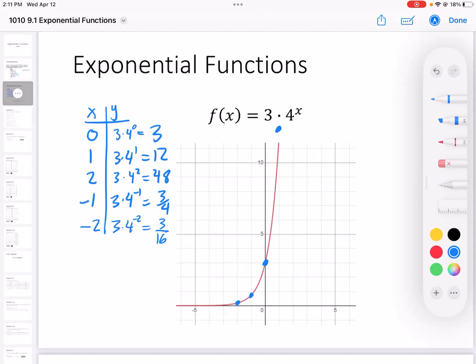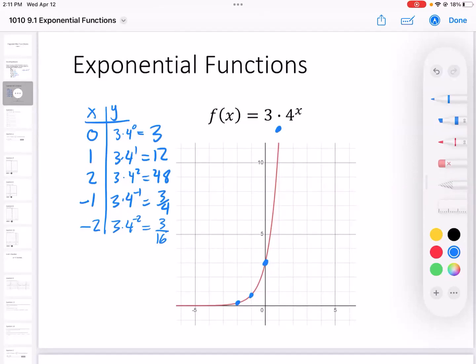So exponential functions will always follow some type of shape like this. Depending on if you have numbers subtracted or multiplied by a negative or something, it might be flipped upside down or reflected or moved side to side. But the basic structure will always look something like this. And that's just a feature of exponential functions.